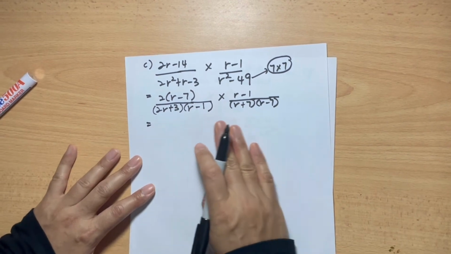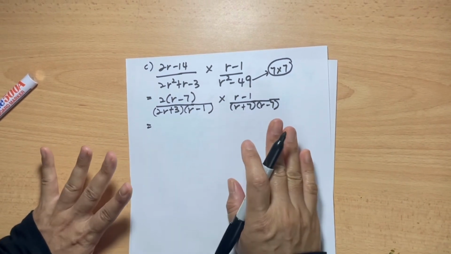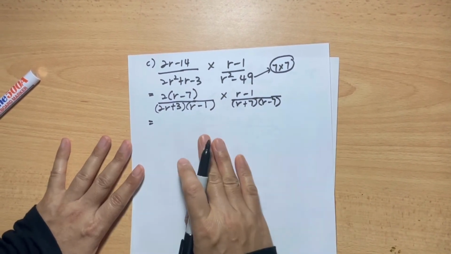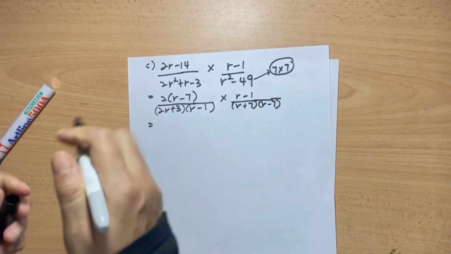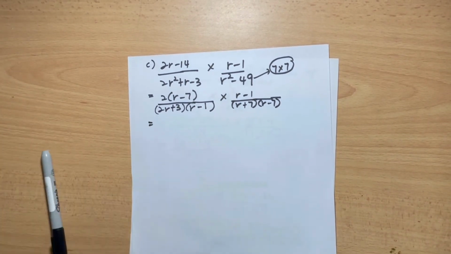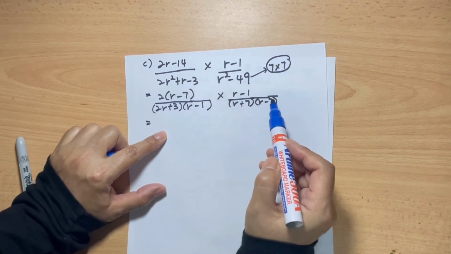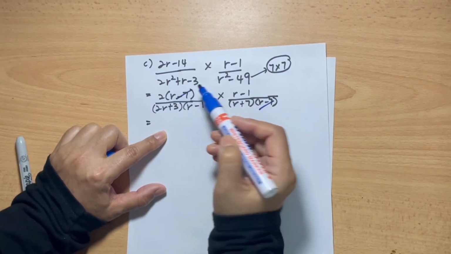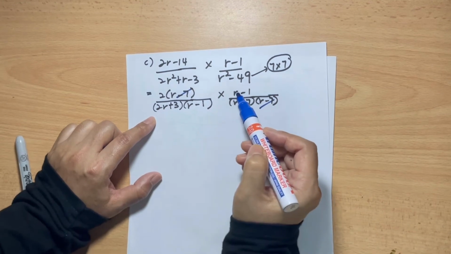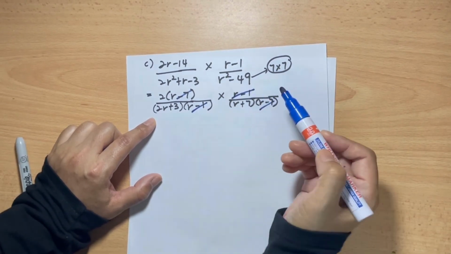Now we are going to do the cuttings. Look at what we can cut, we are going to reduce the values. Here we have r minus 7, so you slash it, and r minus 1, you slash it.